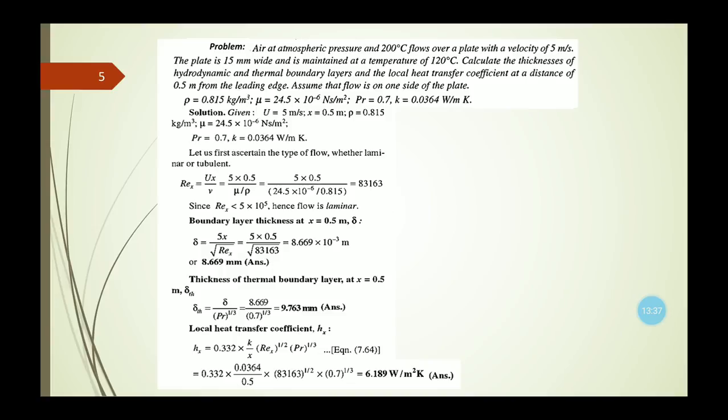Now to calculate the value of delta, that is the boundary layer thickness, there are 5 different velocity distribution equations that we discussed in one of the last lectures, in a table.